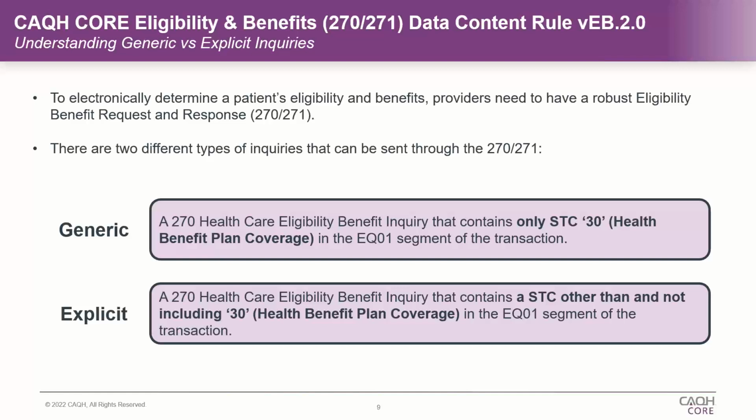So it's why the idea of it being explicit with two different themes exists, because one is an explicit response to a 30 and one is an explicit request with the explicit response.